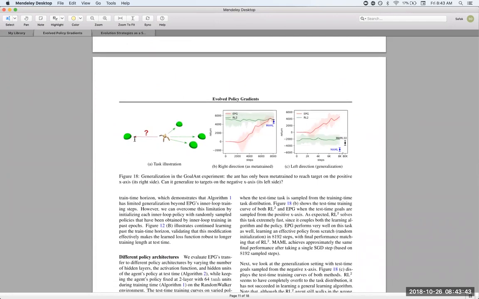So this is a good plot and figure that describes the differences in performance between PPO, which is the regular RL methodology, and the new methodology, evolved policy gradients. So it's about generalization, right? The promise of the evolved policy gradients is that it generalizes to new unseen tasks better than the regular state-of-the-art PPO methods.